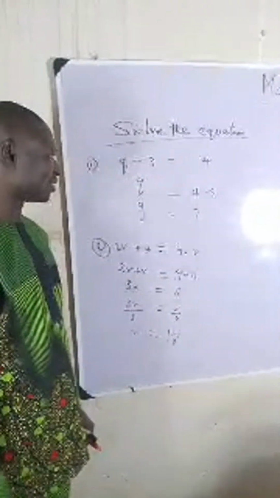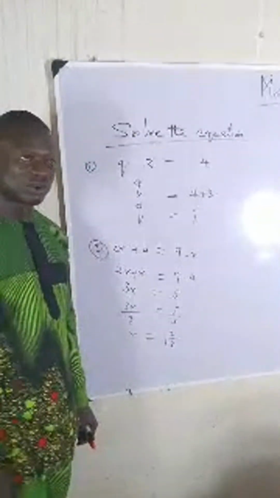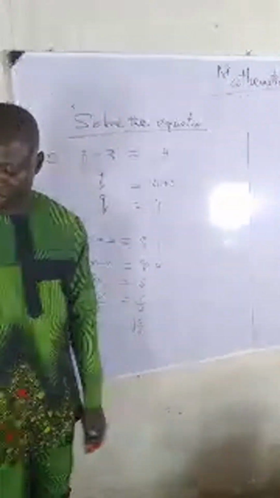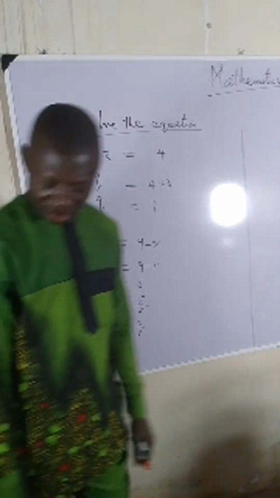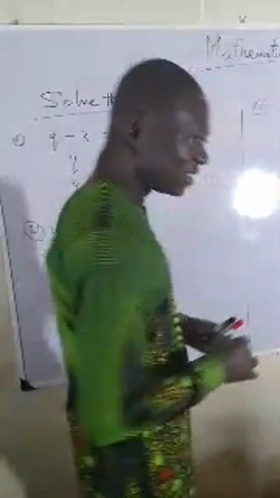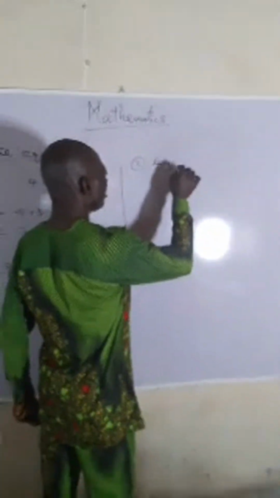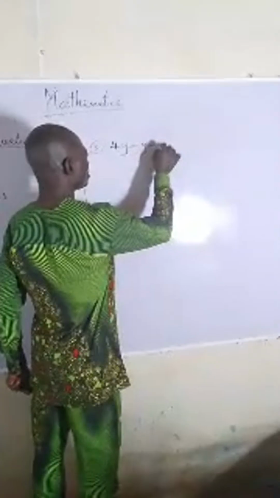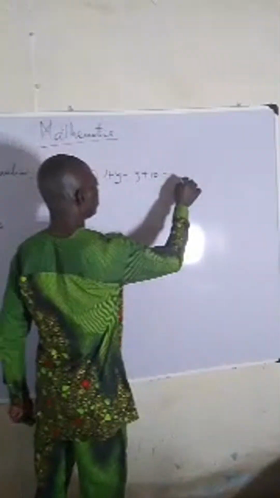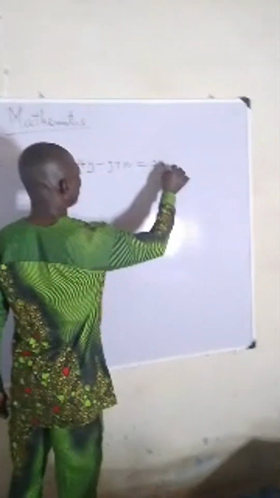And if you are watching and you understand this, I would like us to move on. I would like you to solve a question that is similar to the one we have been solving, which we can take to be number 3 today. Let question number 3 be 4y minus y plus 10 is equal to 2y minus 15.